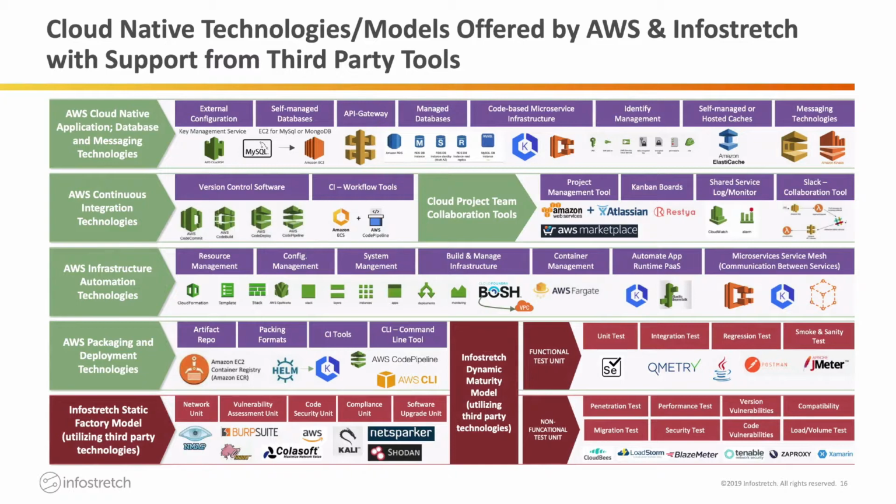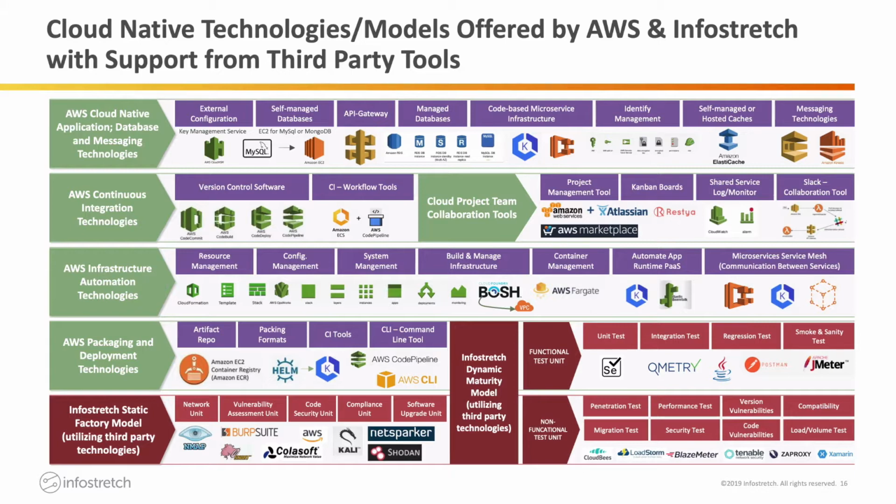What you will see here is a set of components that are available for the various tracks. You will see the different solutions that are available for each of the tracks, right from the application and database technologies.